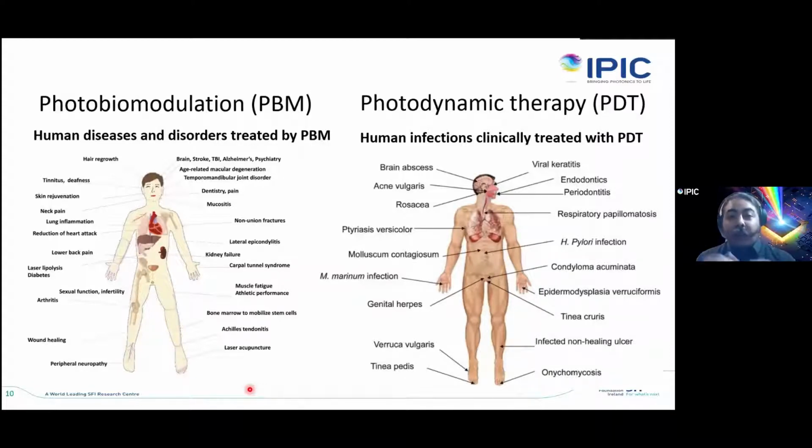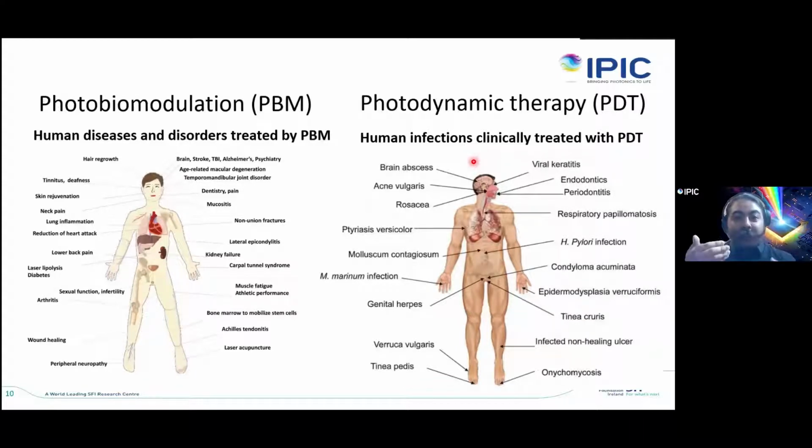You can actually kill cells of fungi or cancer cells selectively using this type of treatment. And here I just show you a list of the human infections which are clinically treated with photodynamic therapy, meaning these infections we can treat daily in the clinic.